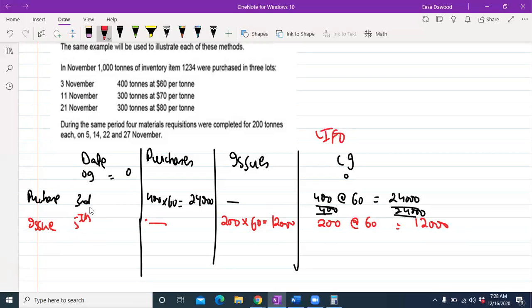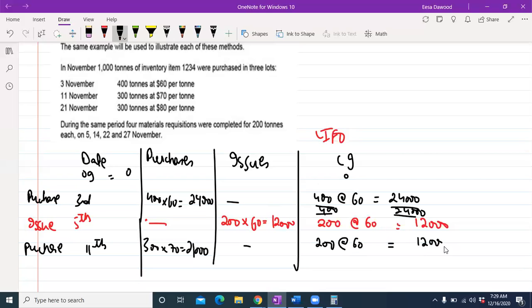After fifth comes 11th. We purchased on 11th, a batch of 300 units at 70, 21,000. There were no issues there. What we had as closing inventory is now the opening inventory. We already have 200 at 60, which means 12,000, right?